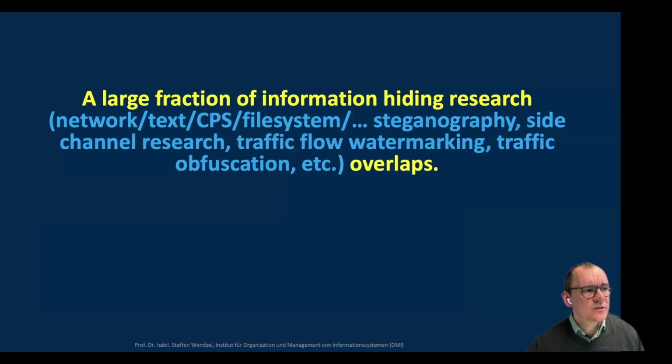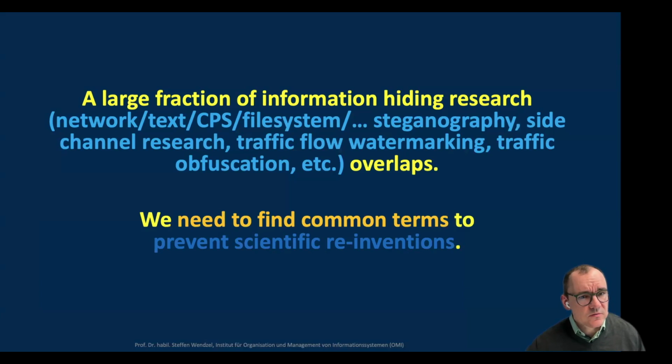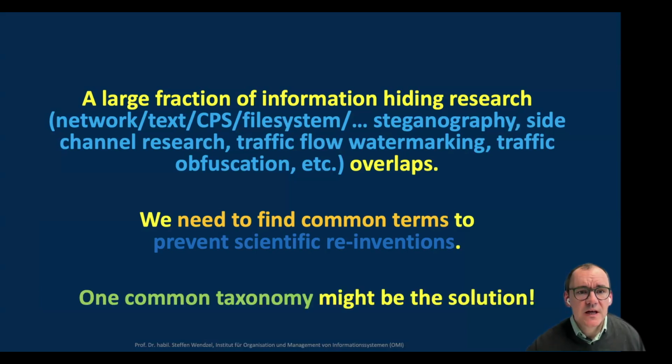The key message is a large fraction of research in information hiding overlaps. And we think that it was necessary to find common terms for that to prevent or minimize scientific reinventions in the future. And one taxonomy might be the solution for that.